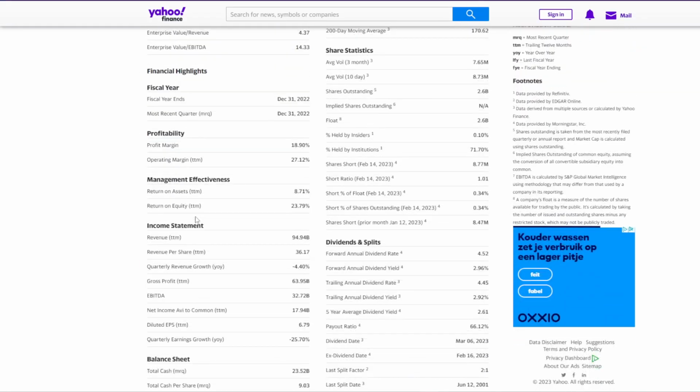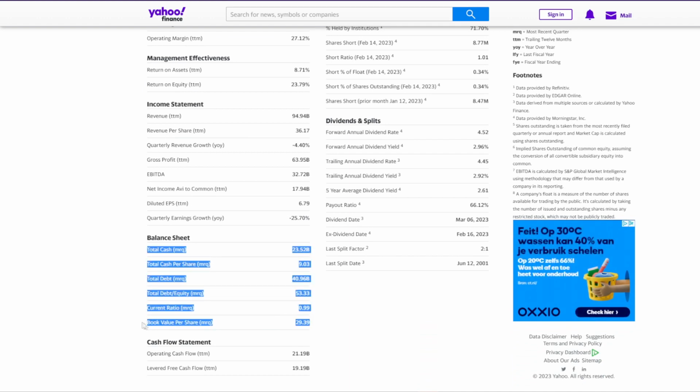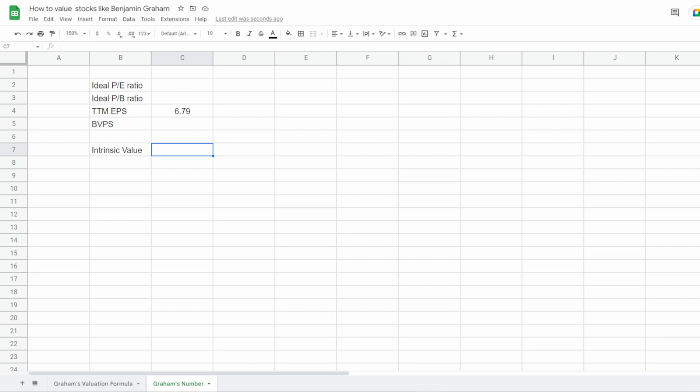And here, if you scroll down, we can see book value per share. And that is 29.39. Let's fill that one in as well. And the ideal PE ratio and price to book ratio, determined by Benjamin Graham, are 15 and 1.5.